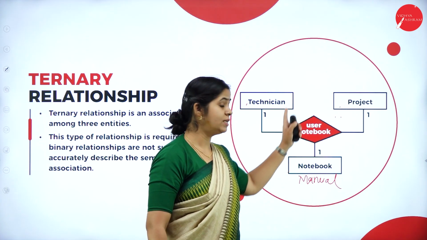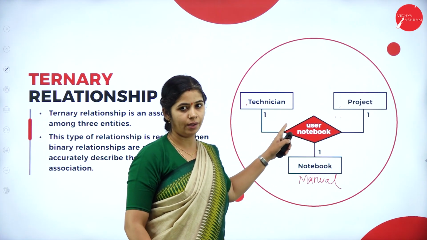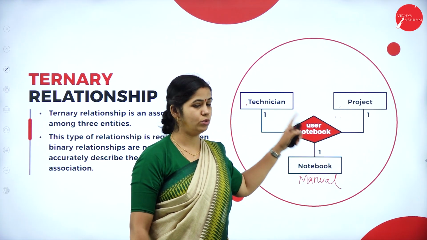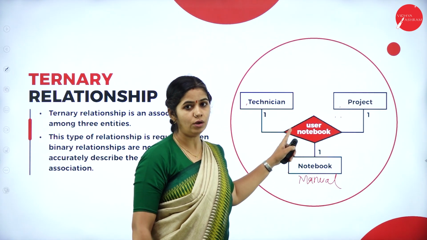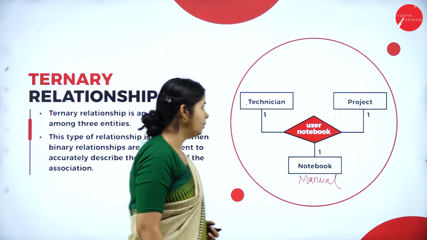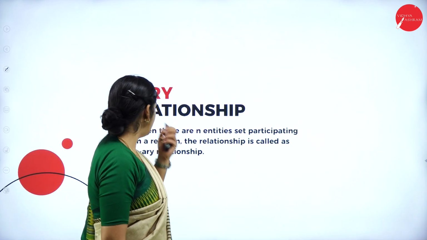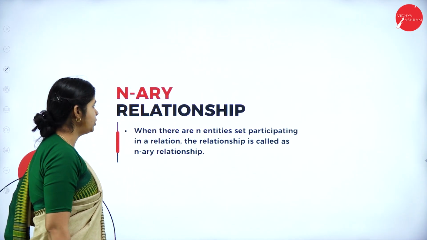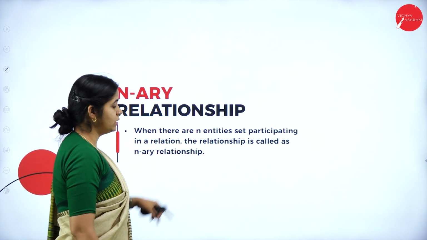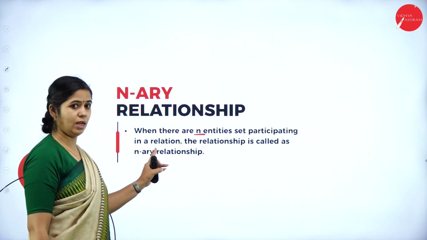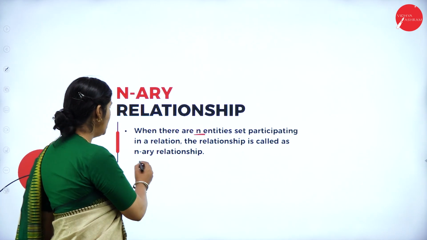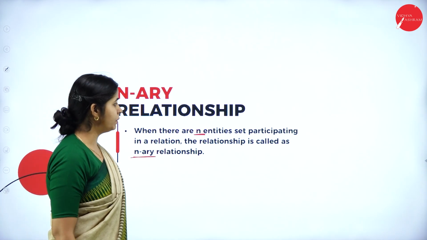So that is called a ternary relationship. So three tables or three entities are participating, using the notebook or the manual. Then what we have is the n-ary relationship. When there are n entities, more entities participating in the relationship, the relation is called an n-ary relationship.